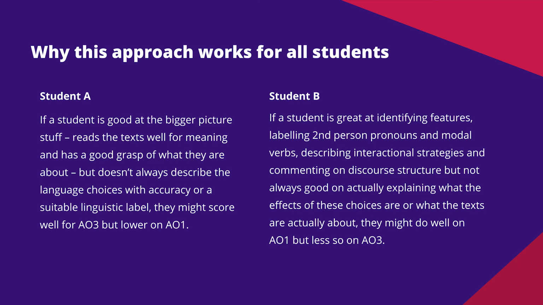On the other hand, if a student is great at identifying features, labelling second-person pronouns, modal auxiliary verbs, describing interactional strategies, commenting on discourse structure, but not always good on actually explaining what the effects of these choices are or what the texts are actually about, they might do well on AO1, but less so on AO3.